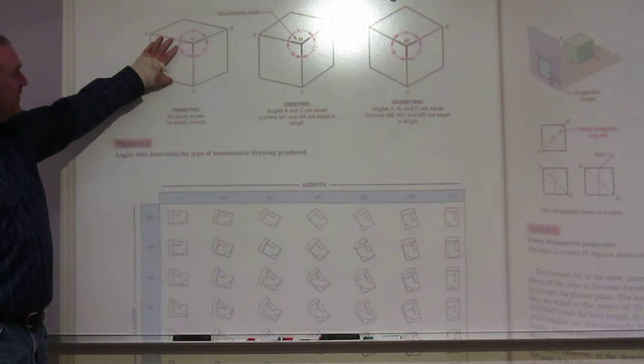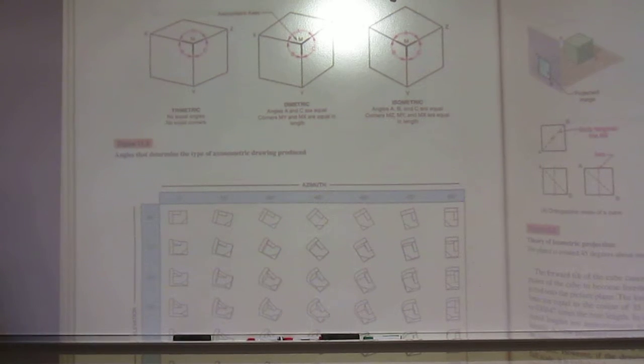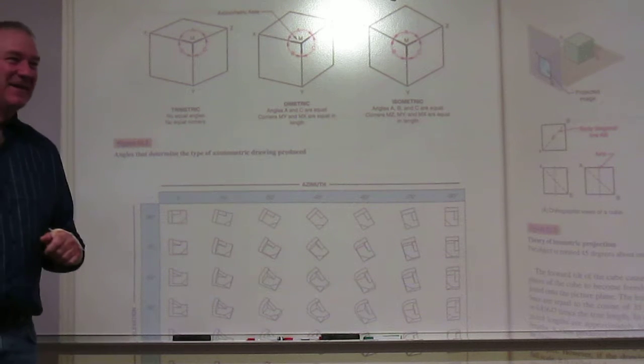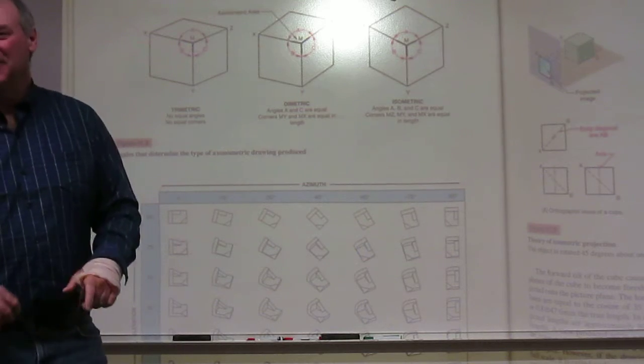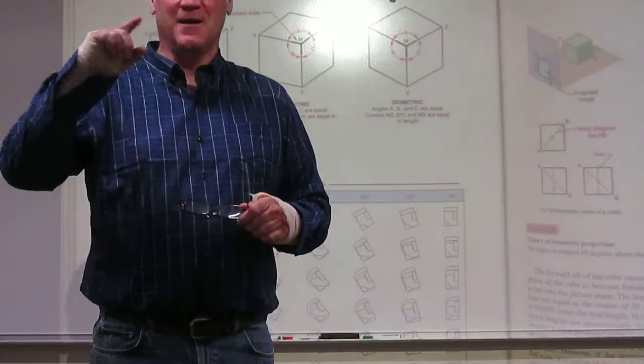Now, the problem you get with the trimetric, since all of these angles are off, you have to build a scale for each plane. It's a proportional deal. We try and let software do that. So that's why I referenced SolidWorks the other day. When you get software and you go to the view bar, there is a trimetric button on a lot of this software.